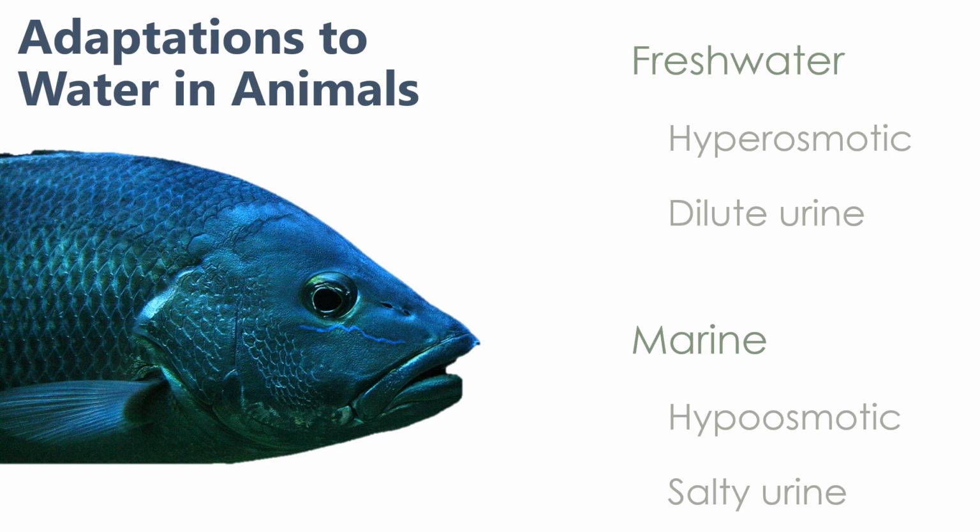You'll find that a lot of these fish have the ability to excrete salts in their gills, and their urine is very, very concentrated, so there is very little water in it. You'll also see in, for example, sea turtles and other organisms, they have salt glands in their eyes where they will get rid of and secrete some of these salts.